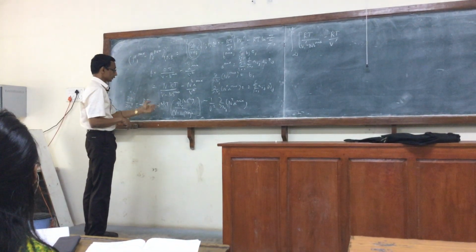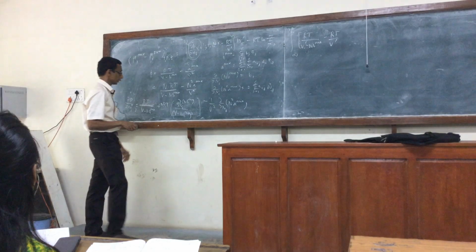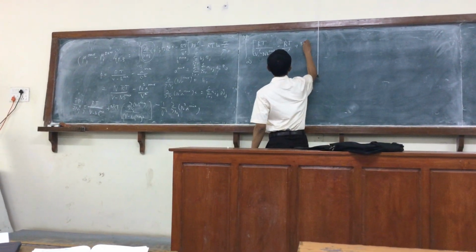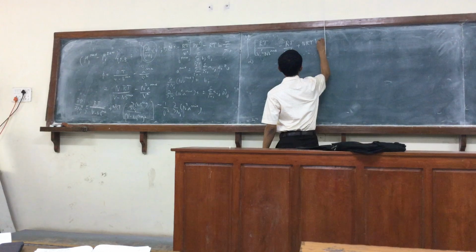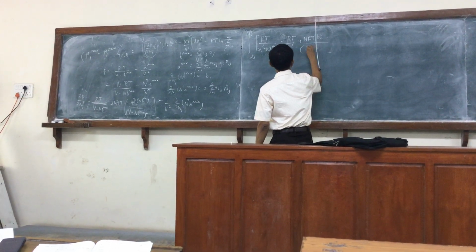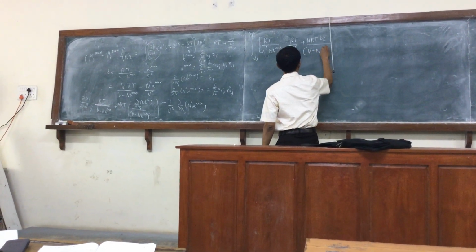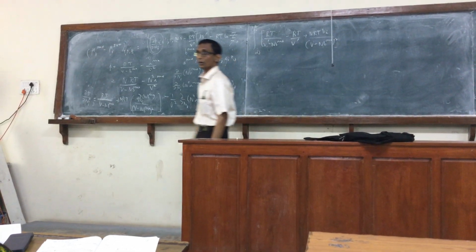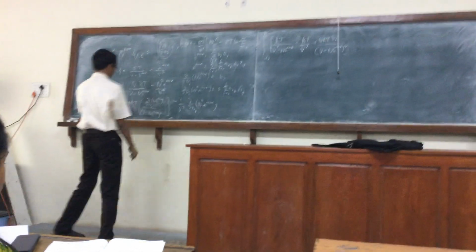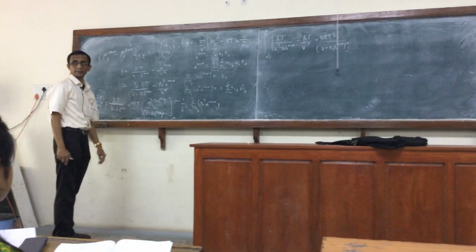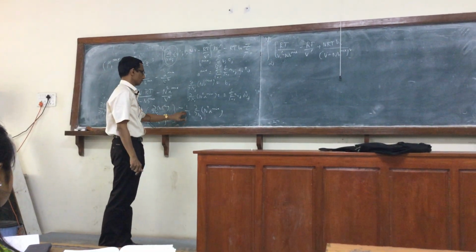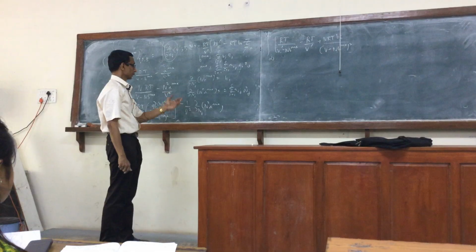And then I have the integral of this: nRT times Bi divided by V minus N V mix square. And then I have minus 1 over V square times 2.